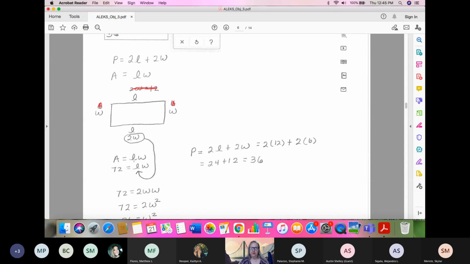Now area equals length times width. We could leave the L, however, we're trying to get this down in terms of one variable. So it's not going to hurt to take this 2W and put it in for the length, because that's an equivalent way of representing the length.